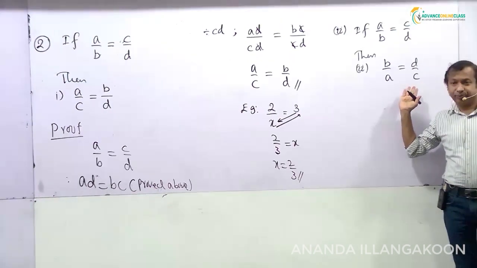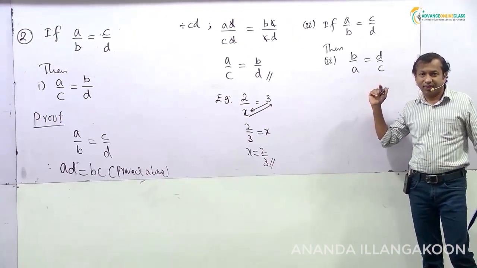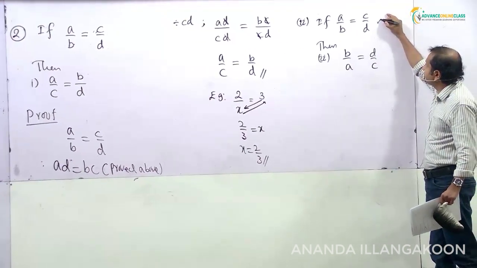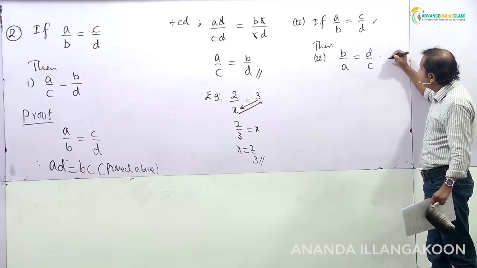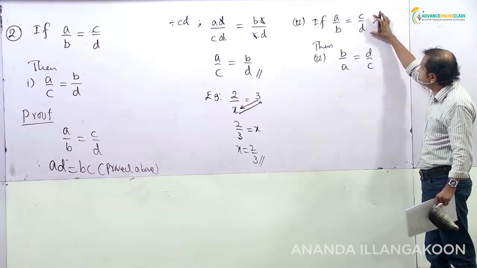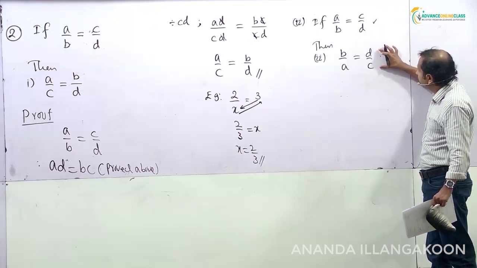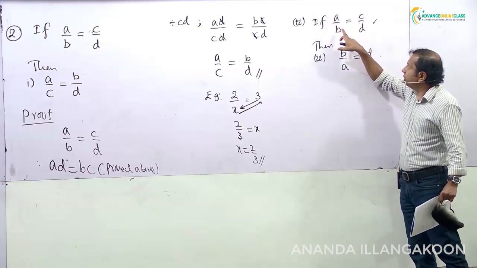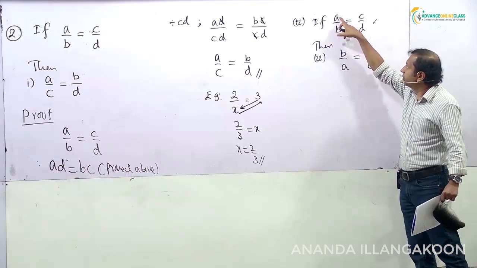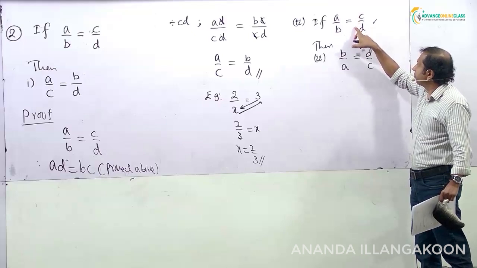What is this property? Compare this with this. What has happened? This A B, it has come to the denominator, B has gone to the numerator. Right hand side also the same.